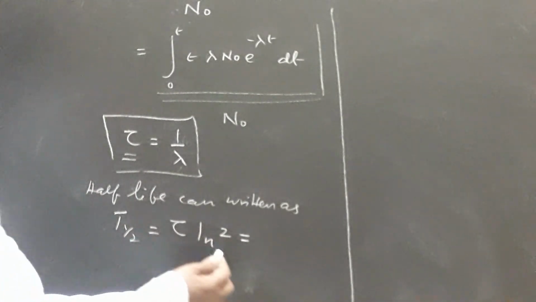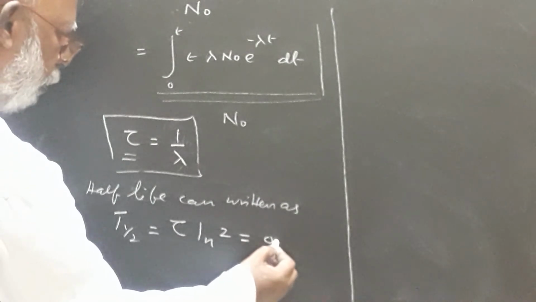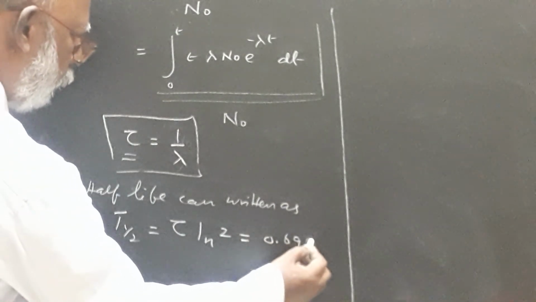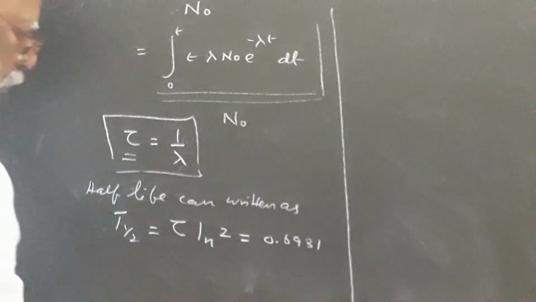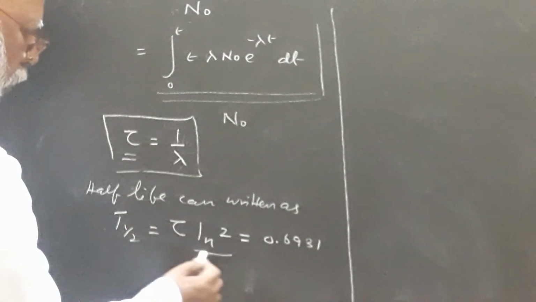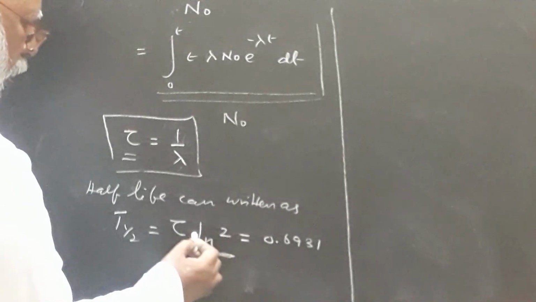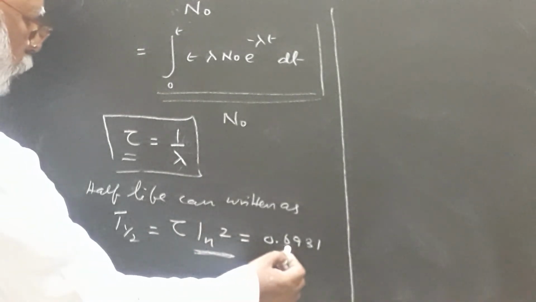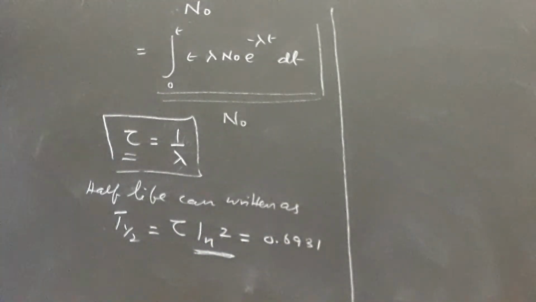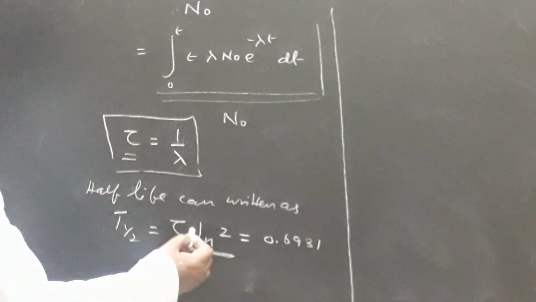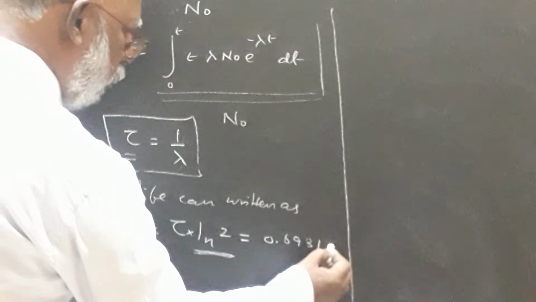We already calculated the value of natural log of 2, it is 0.6931. Now it is multiplied by tau.